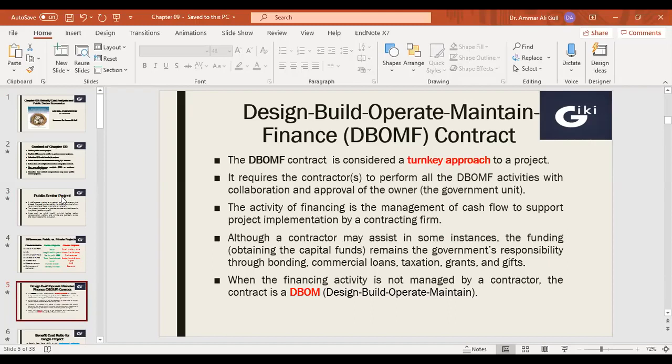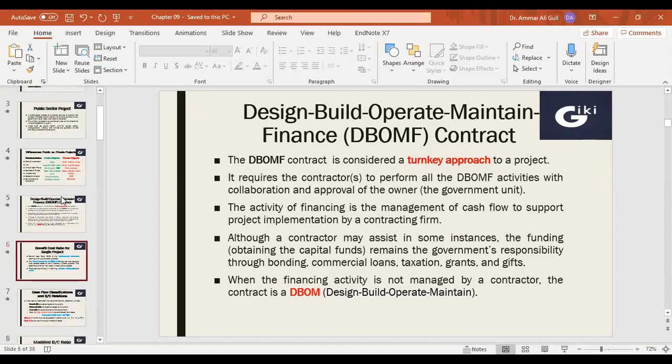From design to finance, everything is the responsibility of the contractor. And we have another type of contract known as DBOM, meaning design, build, operate, and maintain. Except financing, everything is the responsibility of the contractor in such a project.